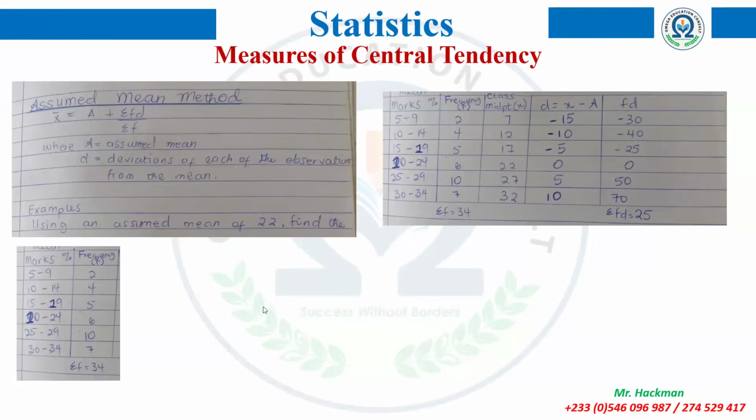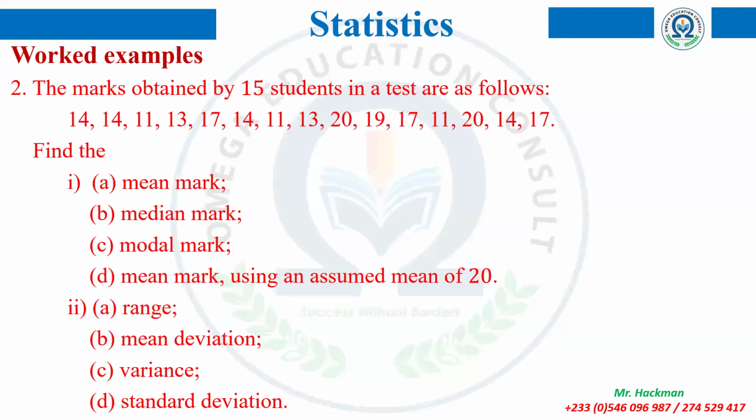Now this is going to be your assignment. Okay, so this is your assignment, and your assignment is going to be this. My advice is, even if you are given the raw data, if you can convert the raw data to the ungrouped frequency distribution table, do so.